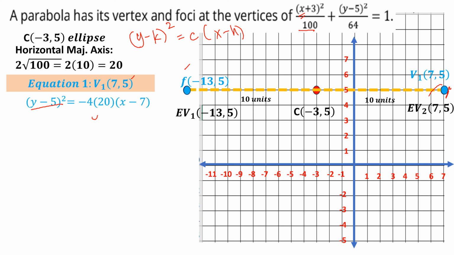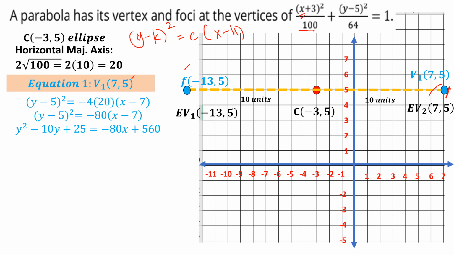But this time, since we will be getting the equation, we have to multiply 4 to the number of units for the entire length of our major axis, which is 20. So what is negative 4 times 20? It gives us negative 80. And then x minus 7, because the x coordinate of our vertex 1 is positive 7.